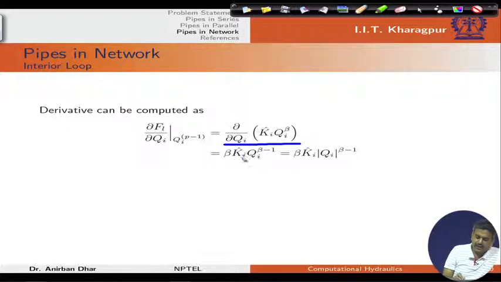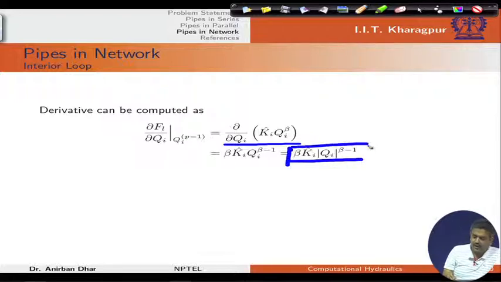So, beta Ki Qi to the power beta minus 1. In this case this is beta into Ki and mod Q to the power beta minus 1.